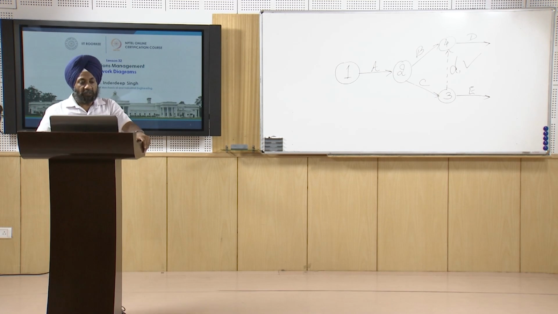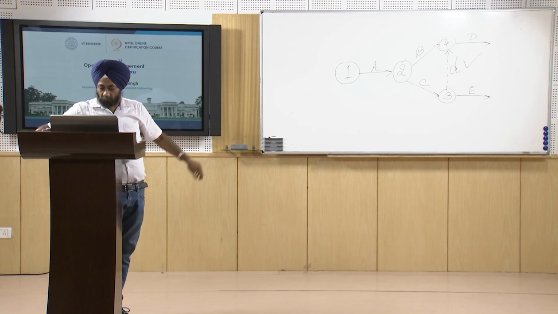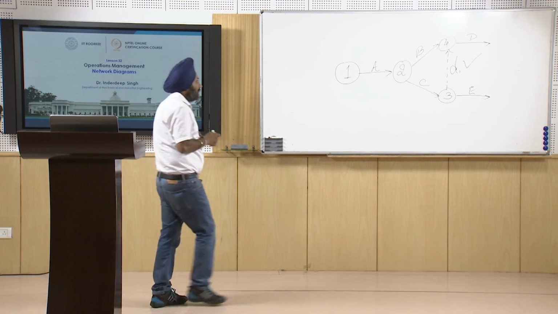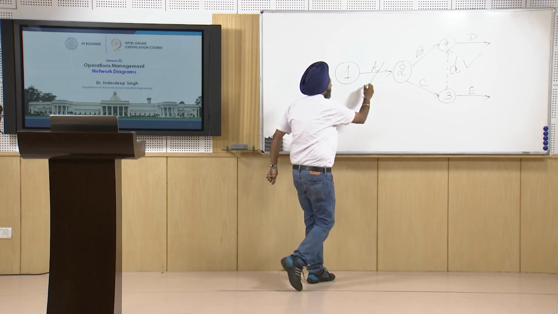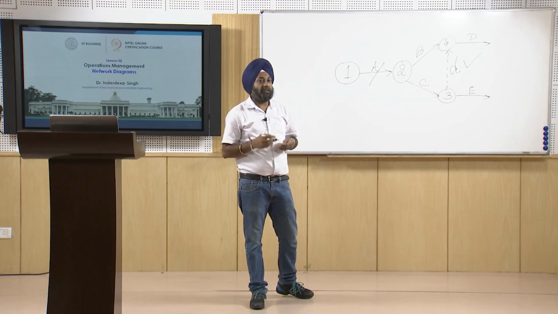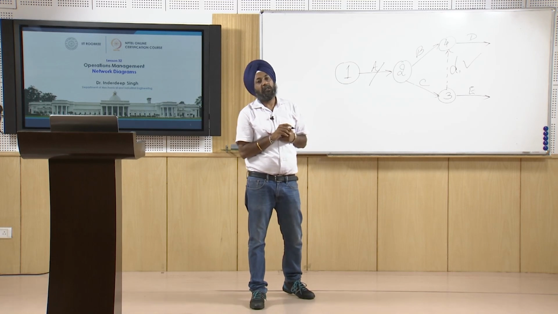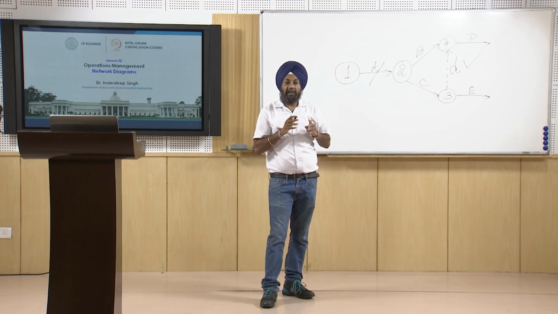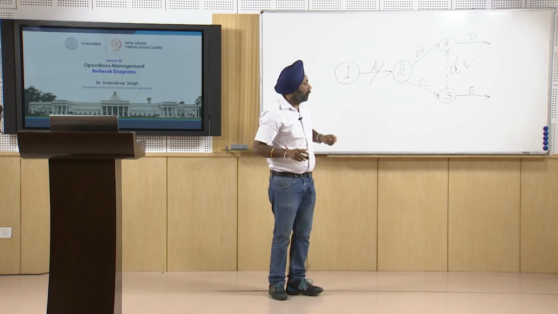Step 2: from event 1, strike off all outgoing activities. Then try to figure out which node has no arrow entering into the event and only arrows emanating out.